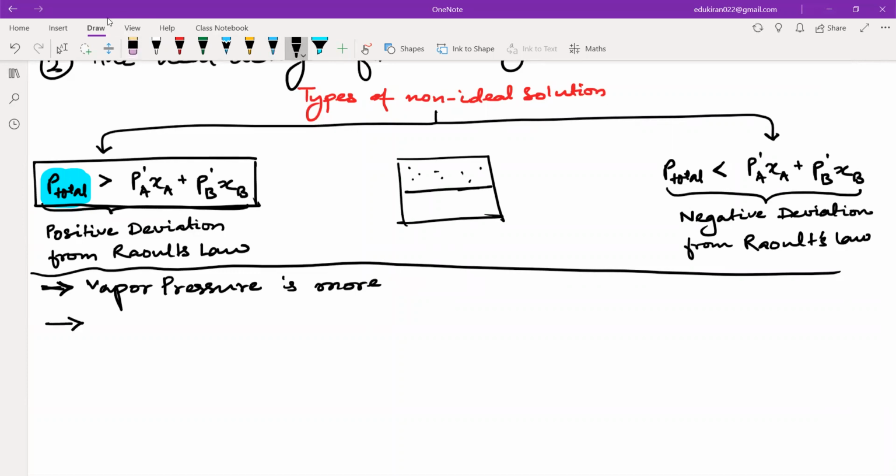Okay, understood. Next statement. All of you can see, all of you can say that vapor pressure is more. Now you will tell me, gas is escaping easily.